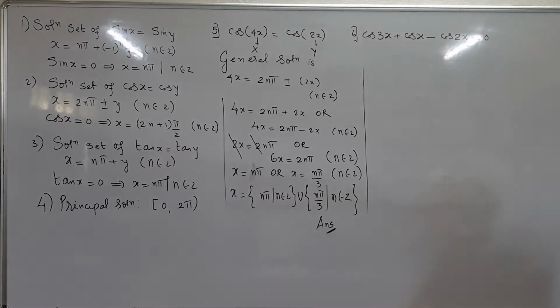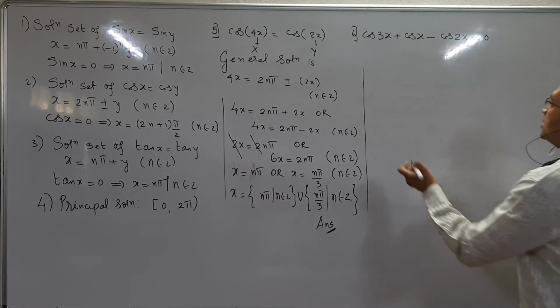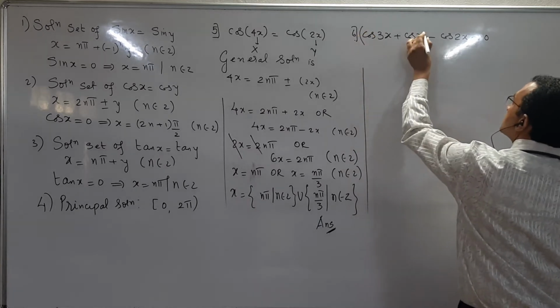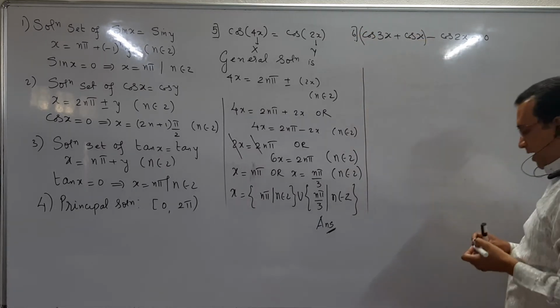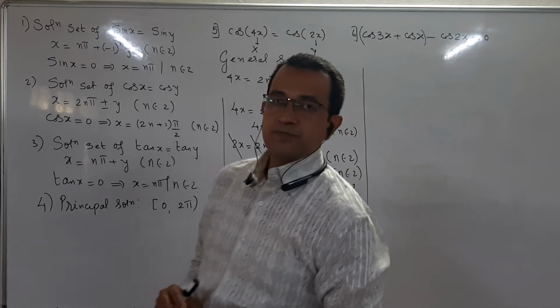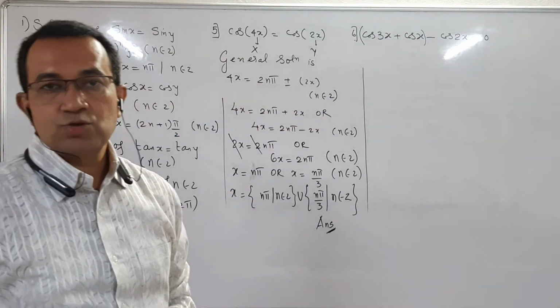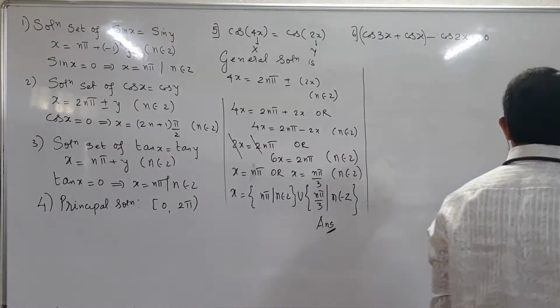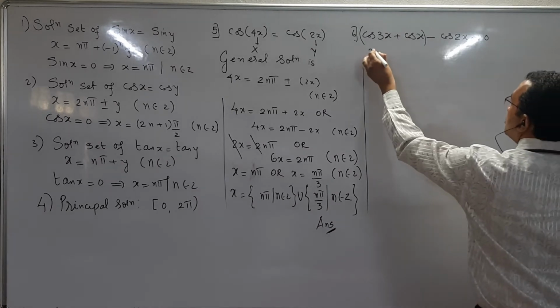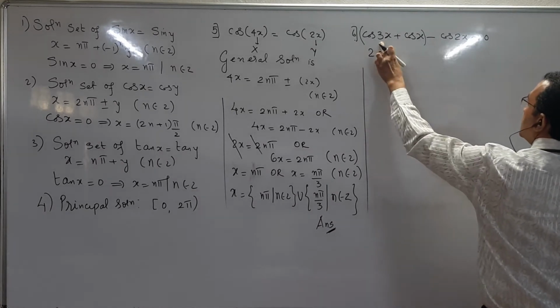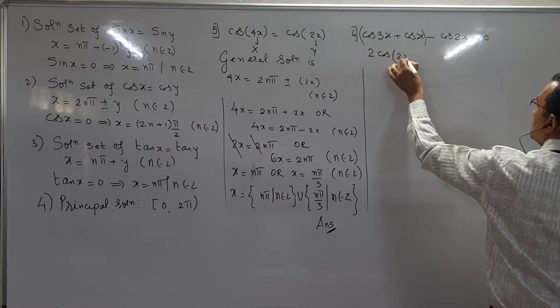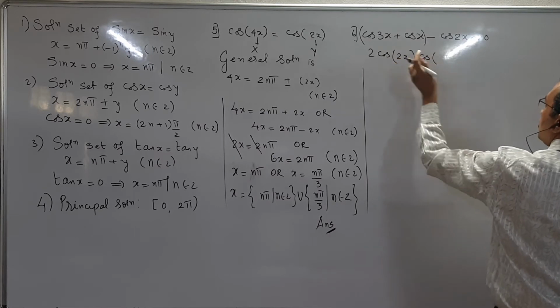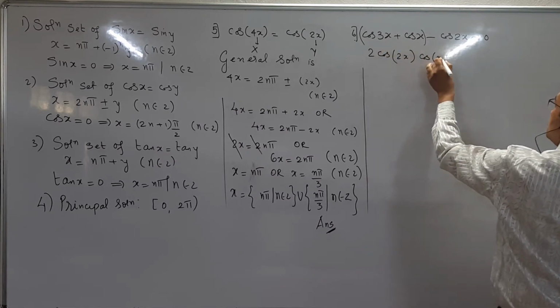Okay, now here what will be done? Cos 3x plus cos x minus cos 2x. Okay, if I club this, C plus C is 2 cos C, so 2 into cos of (3x plus x)/2, which is 4x by 2, and cos of (3x minus x)/2, which is 2x by 2.